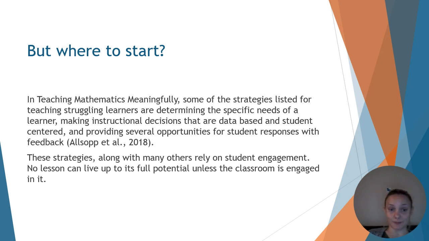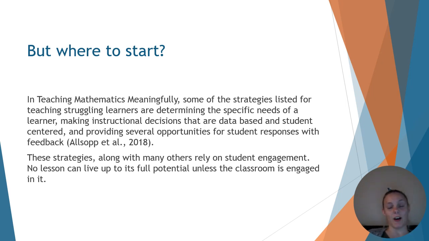So where to start? In teaching mathematics meaningfully, some of the strategies listed for teaching struggling learners are determining the specific needs of a learner, making instructional decisions that are data-based and student-centered, and providing several opportunities for student responses with feedback.